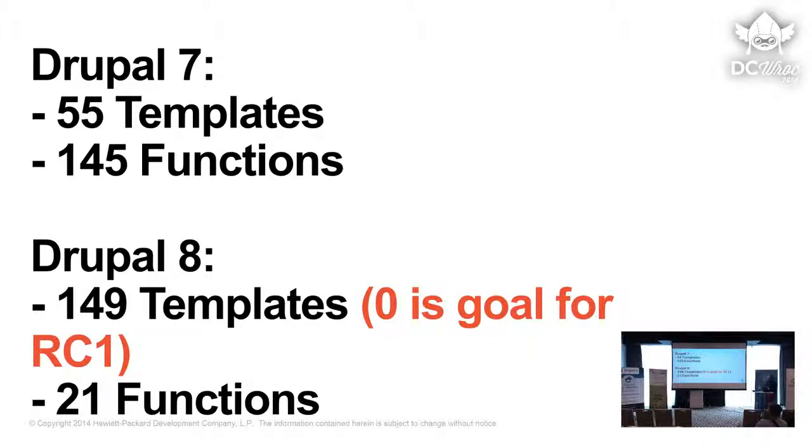In Drupal 8, when we use Twig, Drupal 8 developers are trying to reverse this structure, these numbers, and in this moment we have about 150 templates and 21 functions.